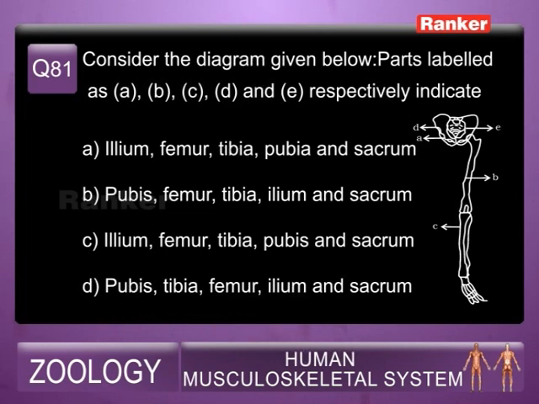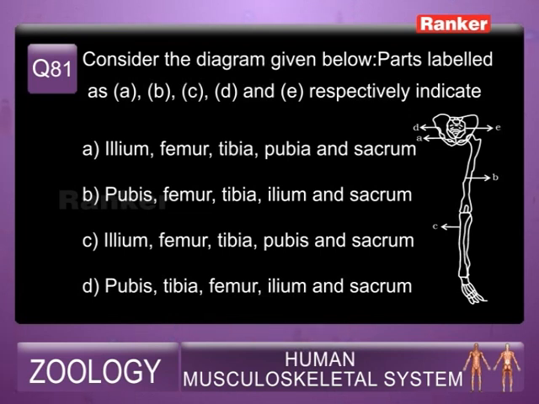When you look at the diagram, students, supposing you take A, where is A labeled? A is indicating the pubis part of the pelvic girdle. Next B is representing the femur. Then C is representing the tibia, that is, tibia and fibula are present in the shank region.